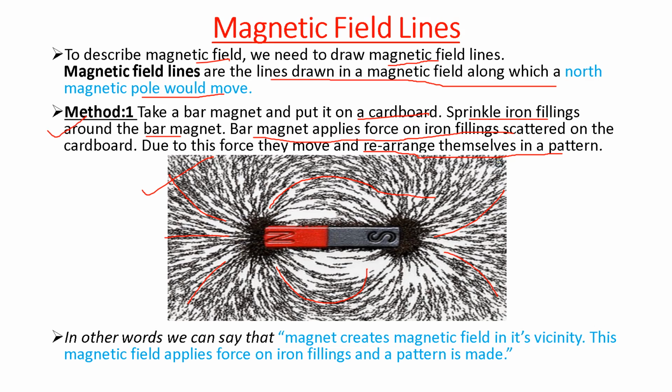Now, from this experiment, we can say that a magnet creates a magnetic field in its vicinity, that is, in the nearby region, and this magnetic field applies force on the iron filings and a pattern is made, which gives us an idea of the magnetic field lines.